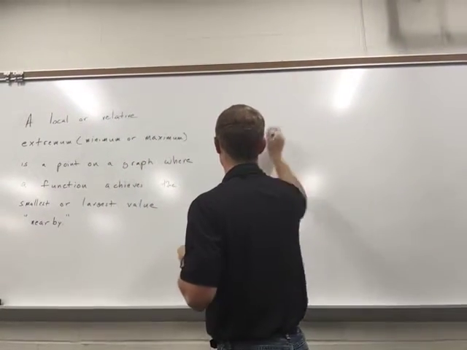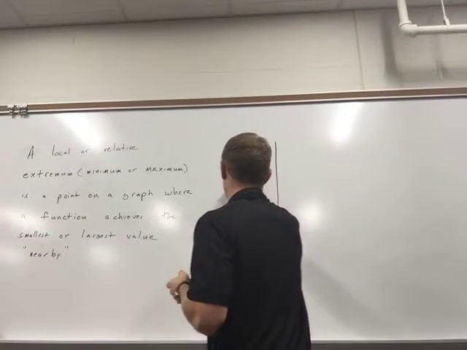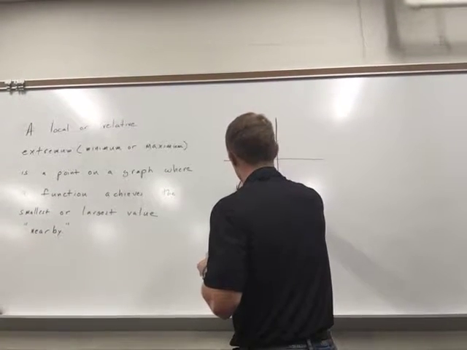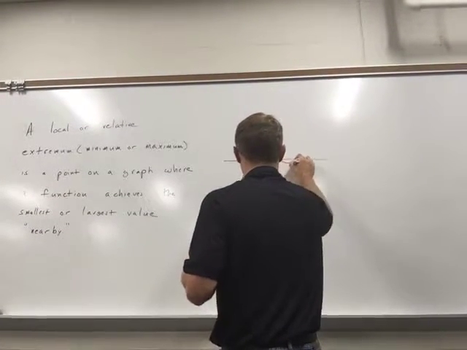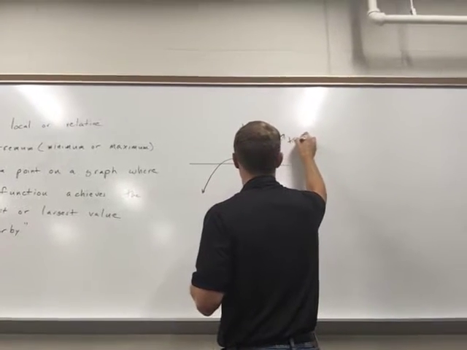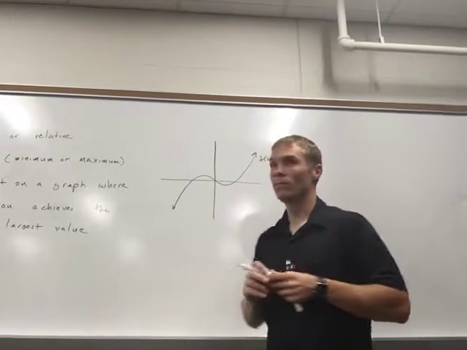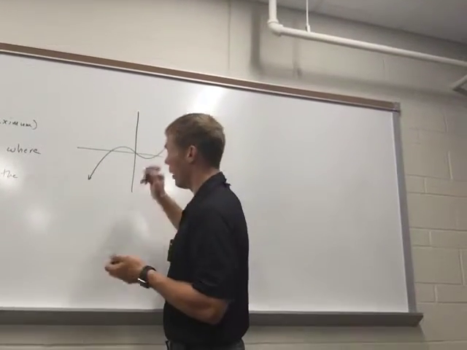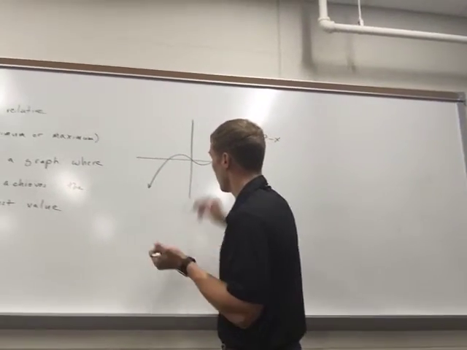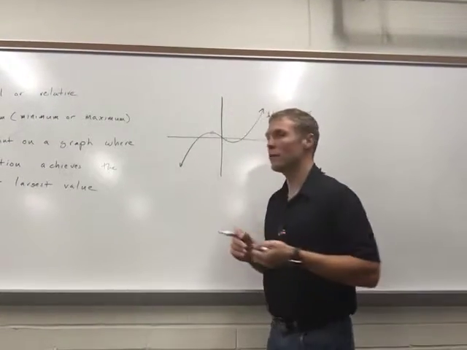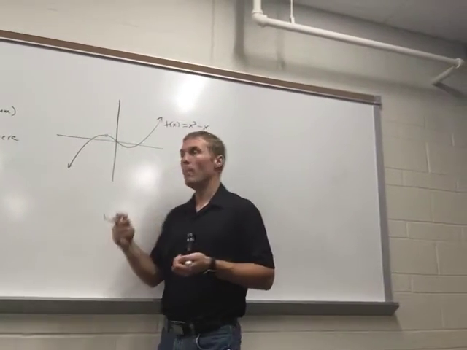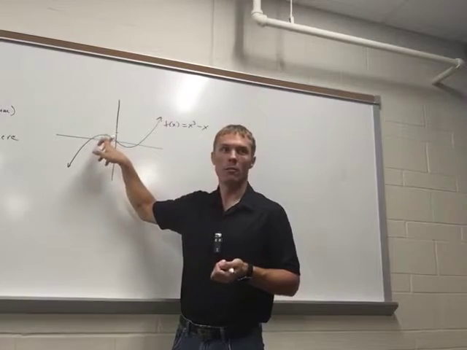An example we've looked at in the past is the function f of x equals x cubed minus x. And we've agreed that this point is what we want to call a maximum. But there are points that are much, much higher.